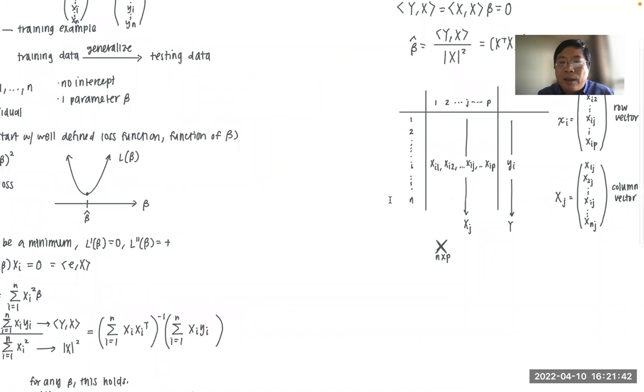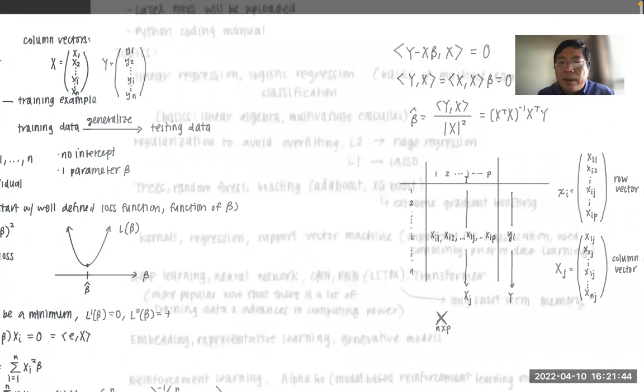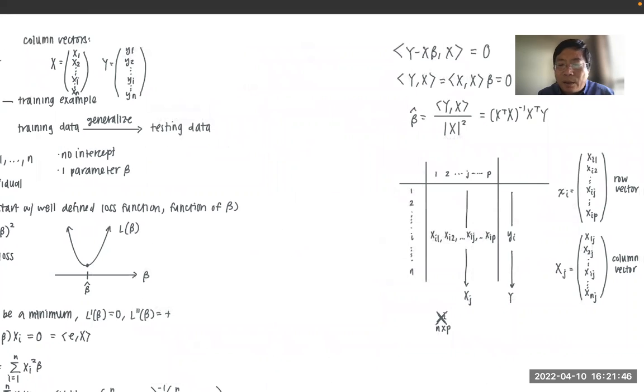But in this general setting, we can write this whole x as a matrix, an n by p matrix, and y is still a vector. Then we can write beta hat in this general situation as x transpose x inverse x transpose y. So this one is the generalization of the previous one.